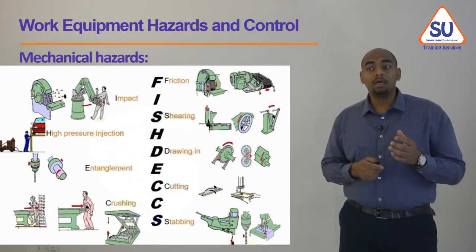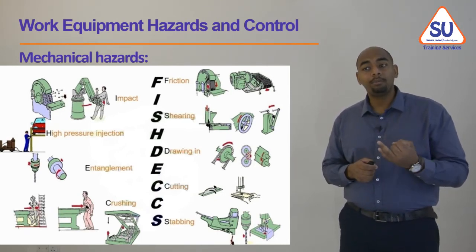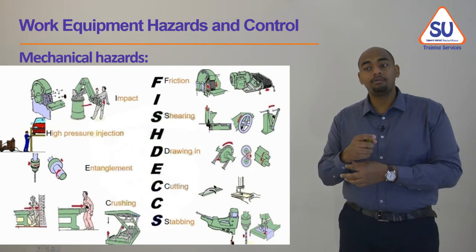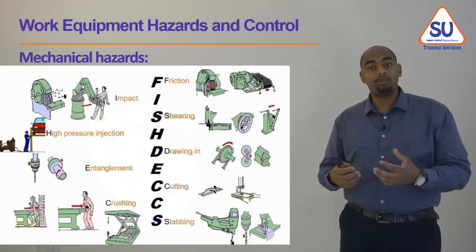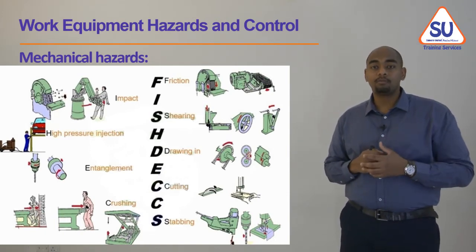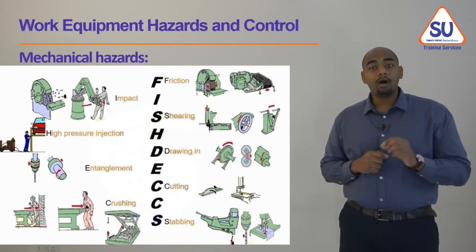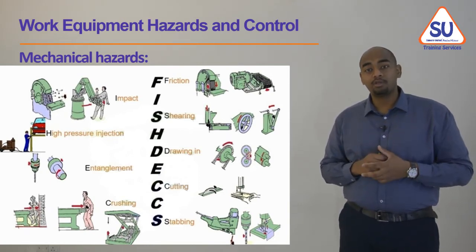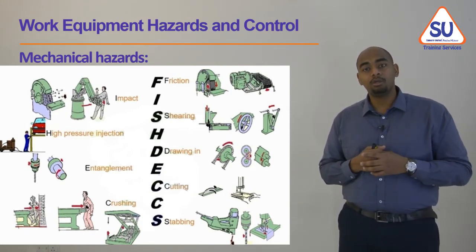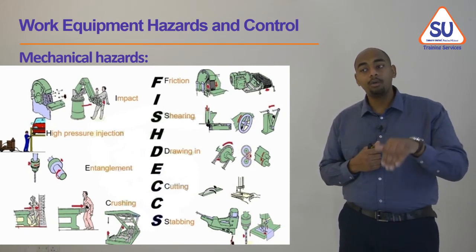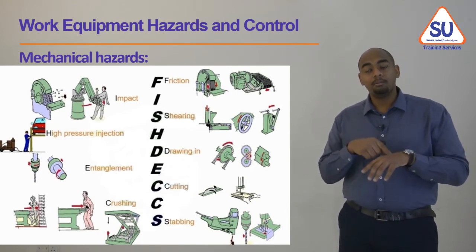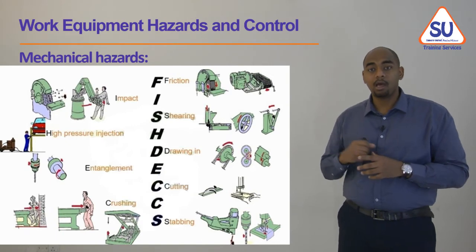Those include impact, high pressure ejection of liquids, and entanglement of parts of the body in the equipment, crushing between parts of the equipment, friction, parts flying off the equipment, shearing, which causes damage to your skin or bones, drawing in, cutting, and also stabbing by needles.